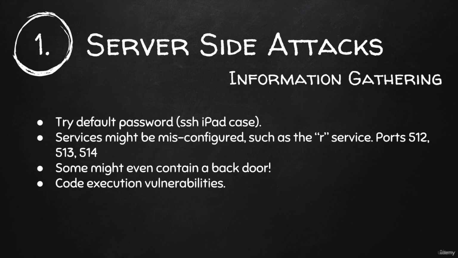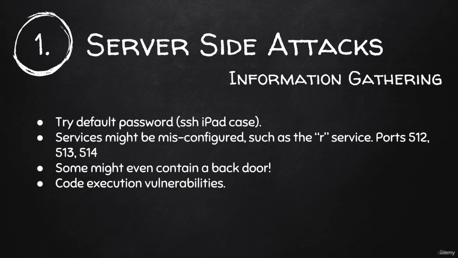We can do this by trying the default passwords, and we've seen this before in the network penetration testing part, where the iPad had an SSH service installed, which basically gives you full access to the computer if the person still uses the default password, which was Alpine. So we can do this with any other service, and we'll see another example here today.